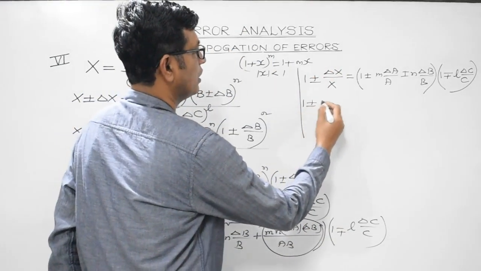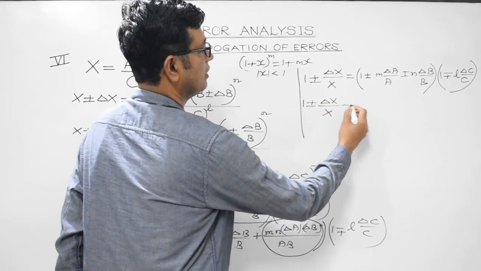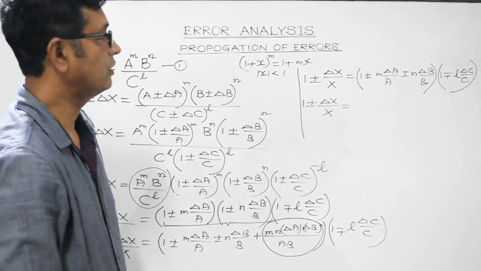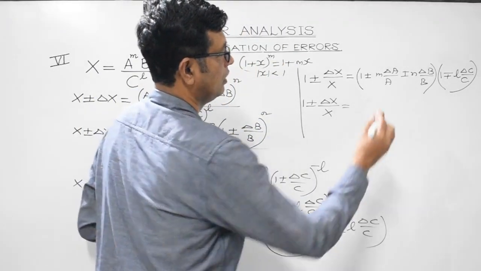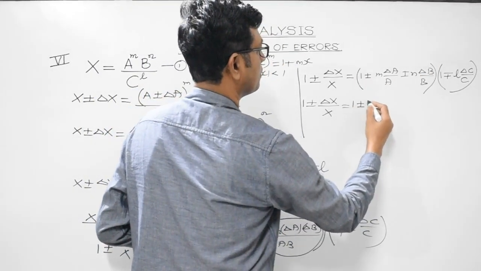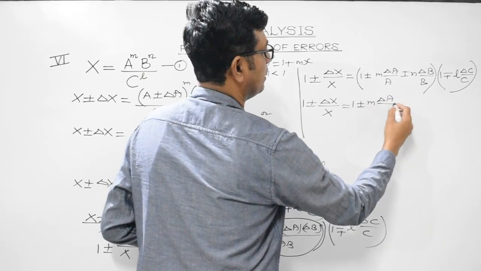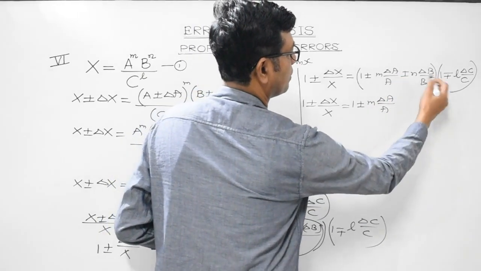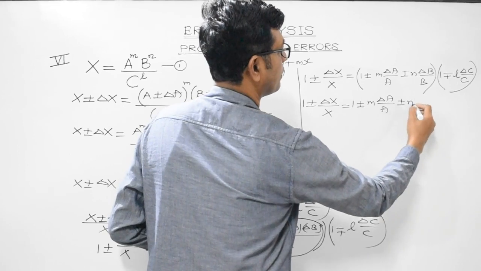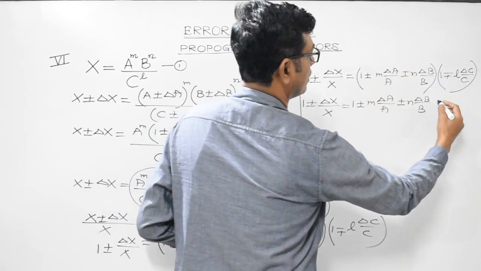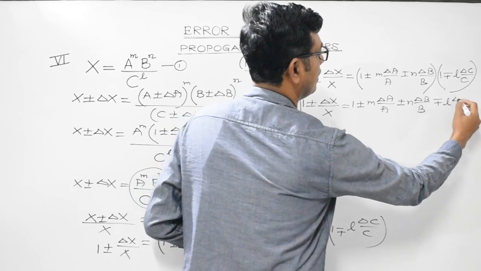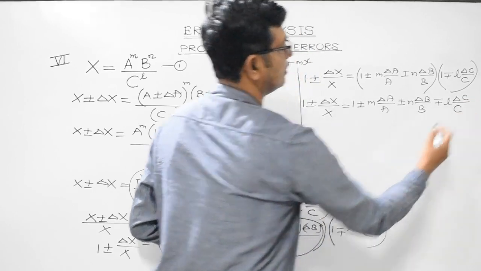So what you get is 1 plus minus del x by x is equal to, right? Let's solve these two terms. 1 plus minus m del a by a, this multiplied by this 1 would be plus minus n del b by b. This term when multiplied by 1, it will give us minus plus L del C by C.